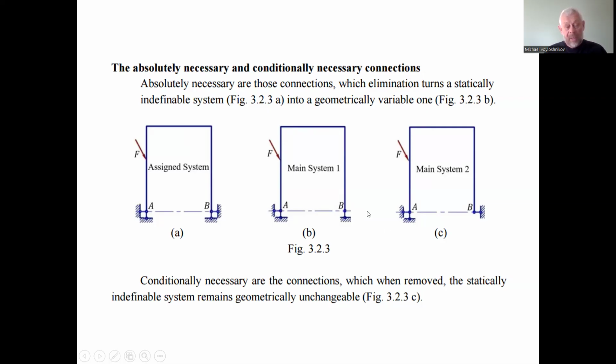But if we remove the vertical link in the point B, but remain the horizontal one, this system would have 4 hinges. 1, 2, 3, 4 hinges remain on the one straight line. So this system is instantly changeable. Actually, it has the degree of static indefinability equal to 0.